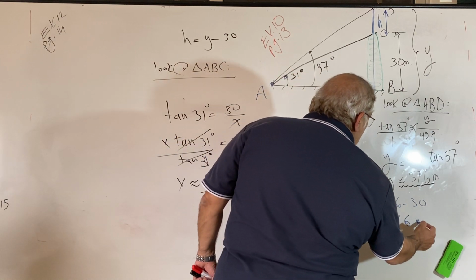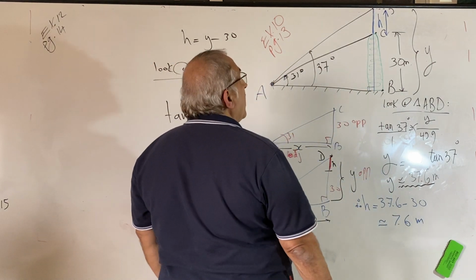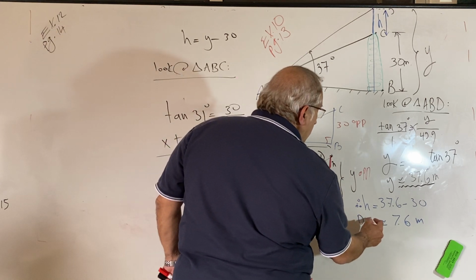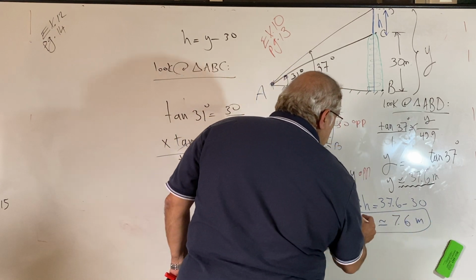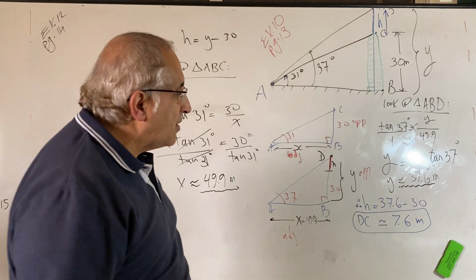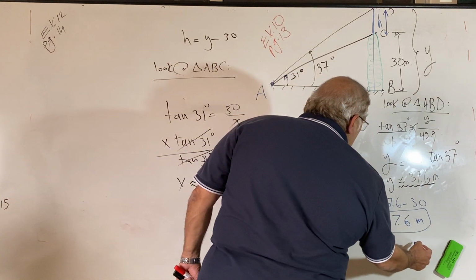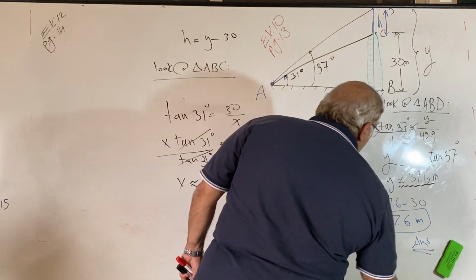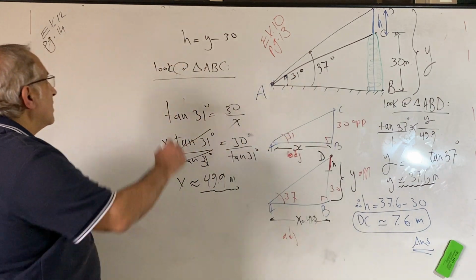Go to your calculator. So the height of DC, the height of the pole, is 7.6 meters high. And that's the answer I'm looking for in part A.